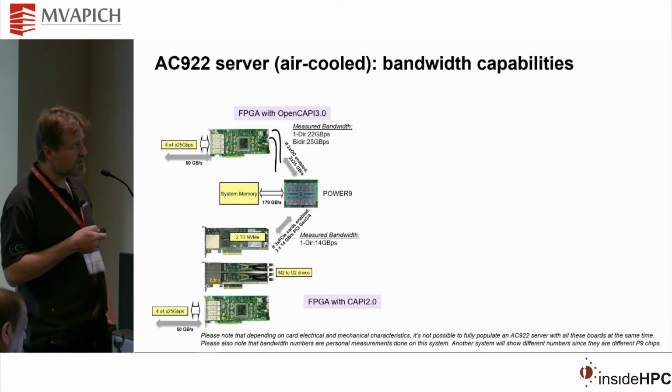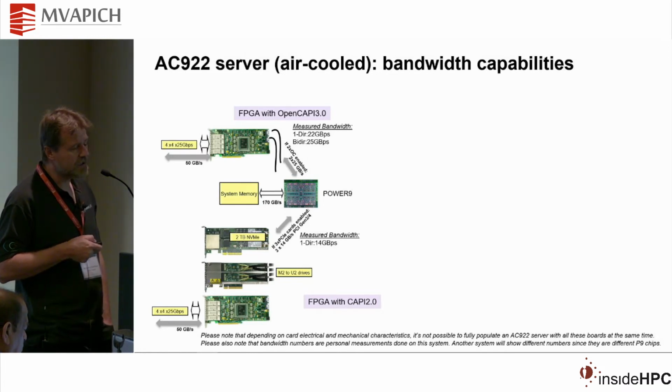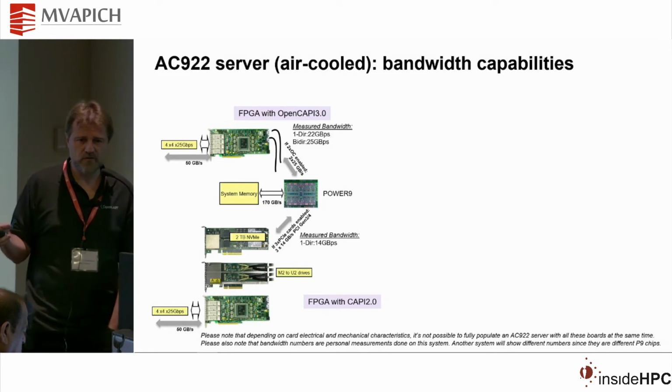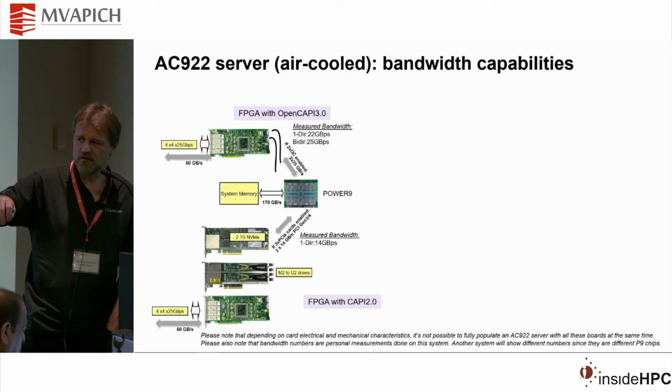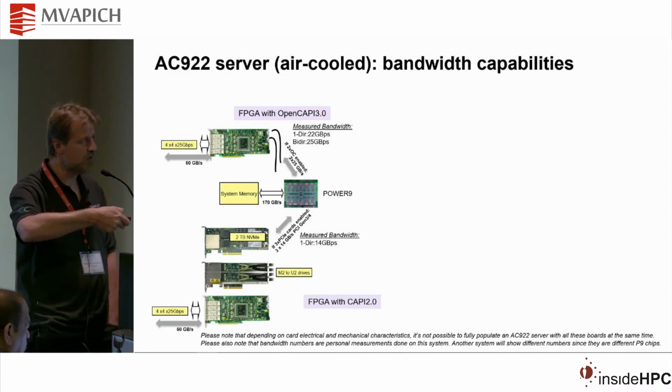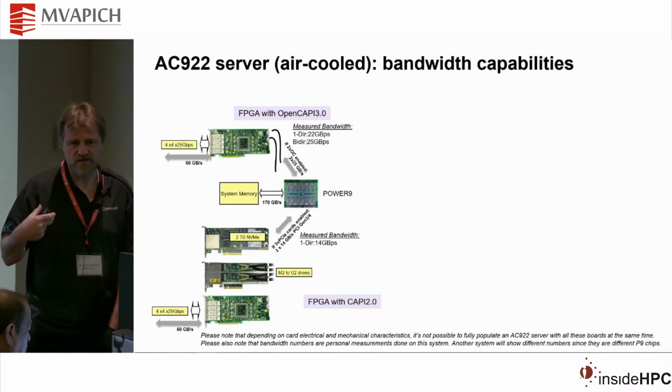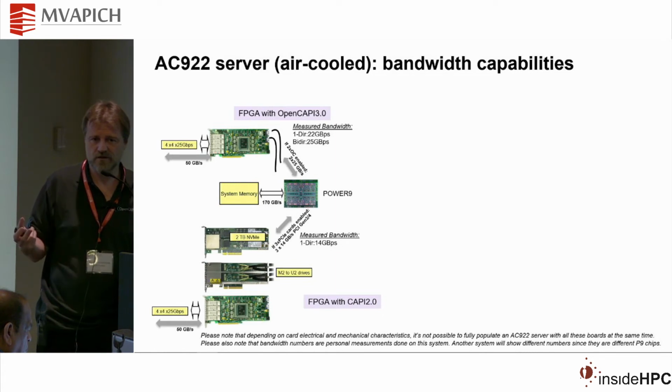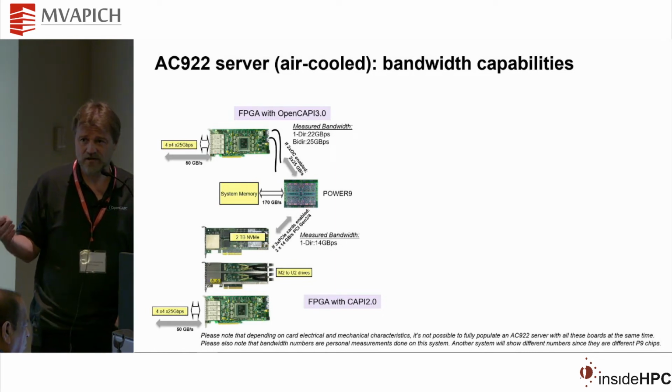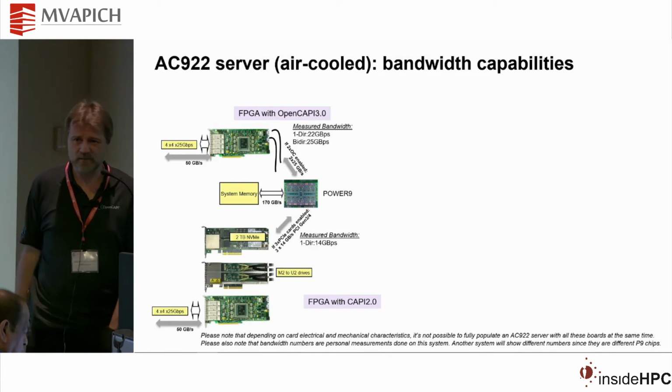The specificity of this machine is that when you want an OpenCAPI link, you will remove 1 GPU and take the fast links from the GPU and use them as OpenCAPI. So you have to remove 1 GPU. We do not have enough fast links to address 4 GPUs plus OpenCAPI boards. Okay.